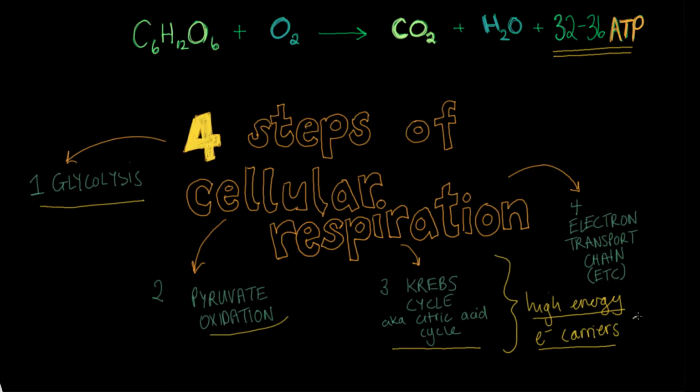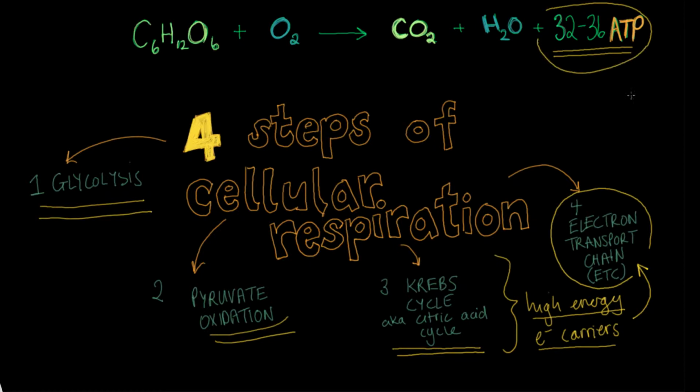So that energy is used to make the majority of ATP in the electron transport chain, which is the final step. So the first 3 steps are basically harvesting the energy from glucose, and then that energy is used to make loads of ATP. So the vast majority of this ATP comes from this final step.